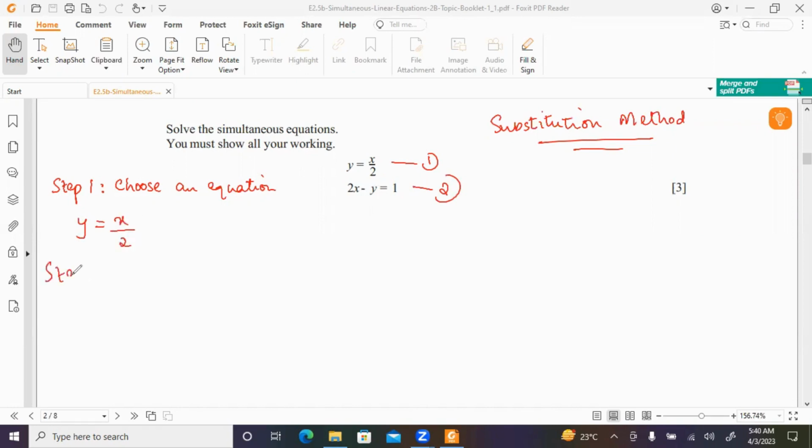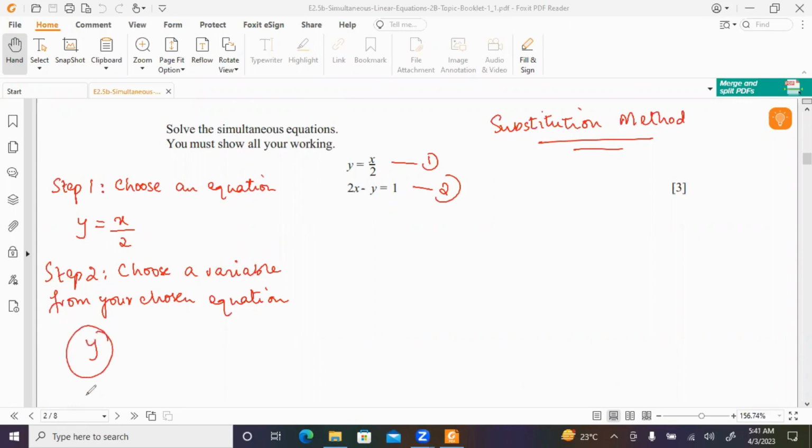Then step 2 will be to choose a variable from your chosen equation. If you look at the first equation, which is y equals x over 2, I'm going to choose variable y.